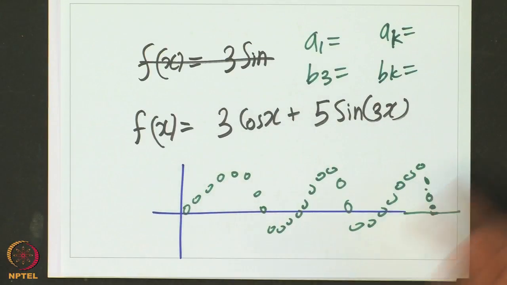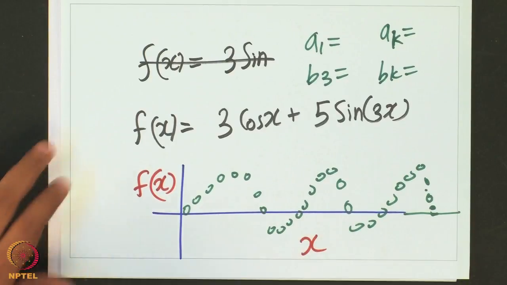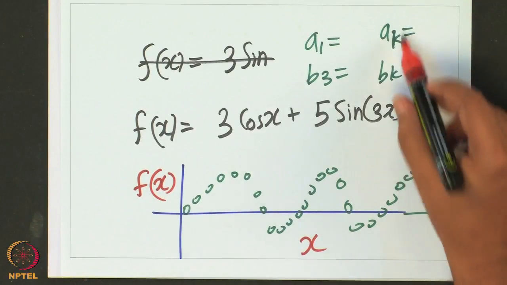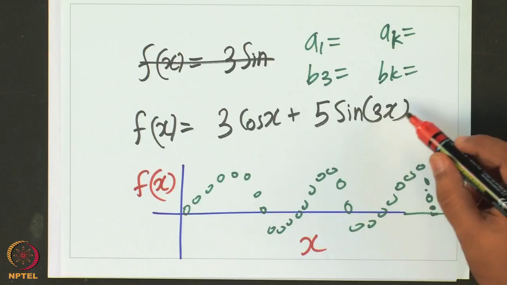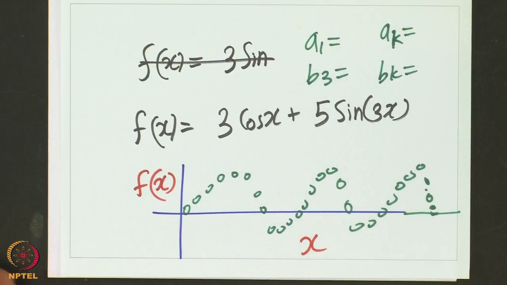That would be equivalent to specifying this data. So, I could either specify this data which is a function of x, or specify this ak and bk, or ai and bi. Both are equivalent and one would give us the other.